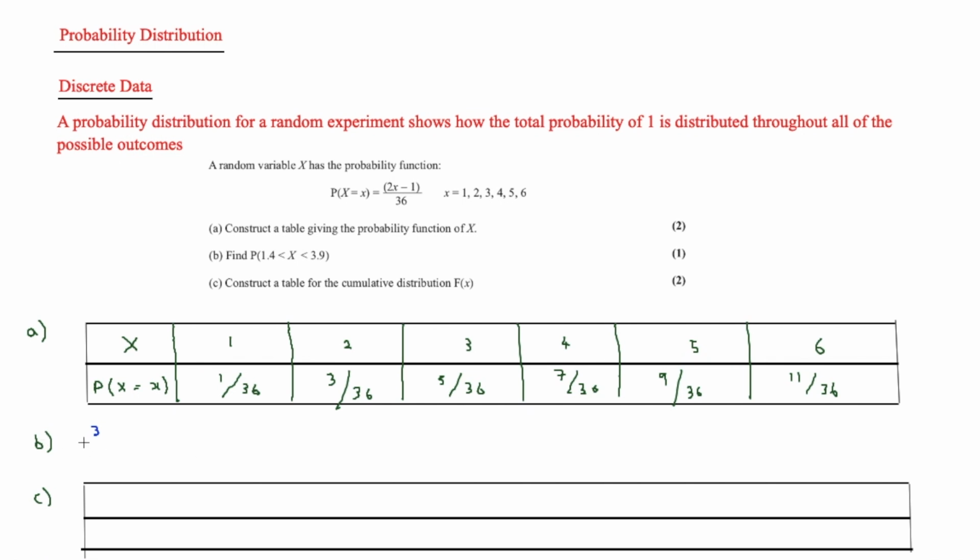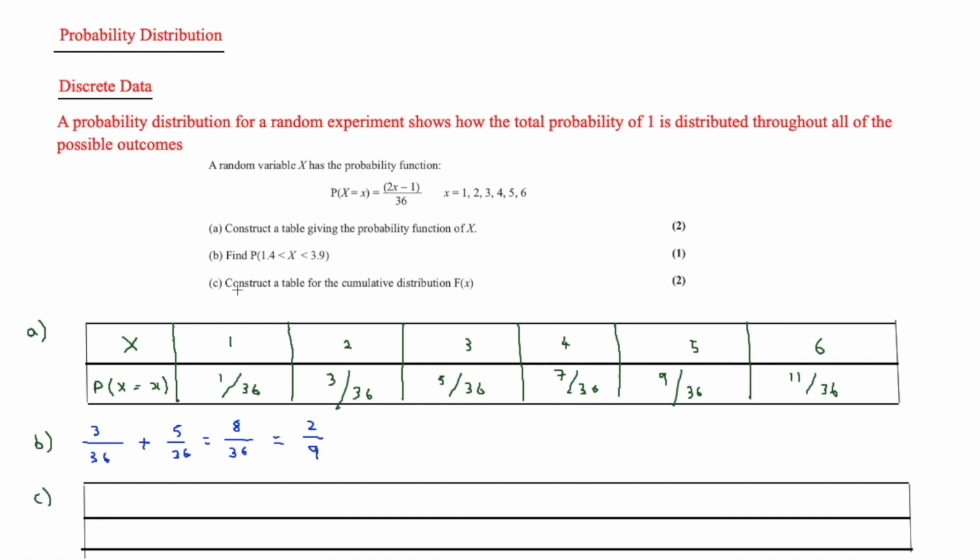So that means that all we're going to have to do is do 3 over 36 plus 5 over 36. That is equal to 8 over 36, which can be simplified to 2/9.